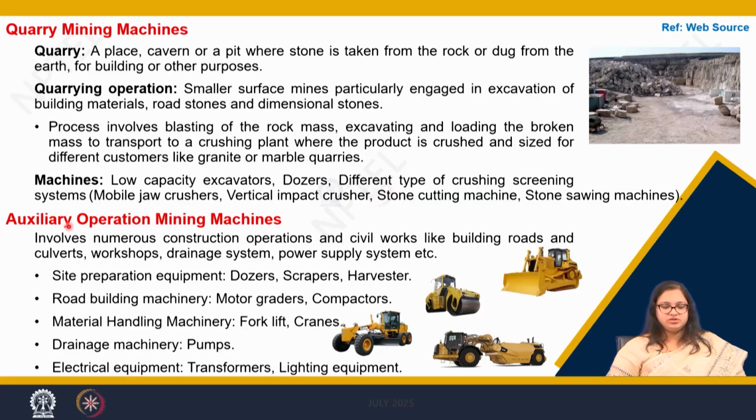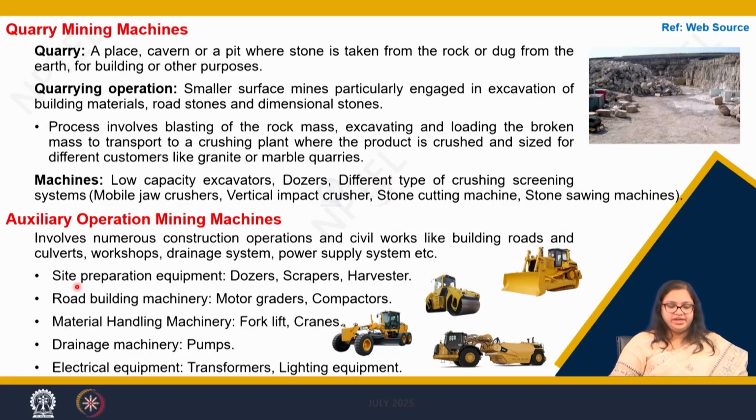Now, there are also auxiliary operation mining machines, which we have already discussed. It involves numerous construction operations and civil works, like building roads and culverts, workshop, drainage system, power supply, etc. Now, what are these?